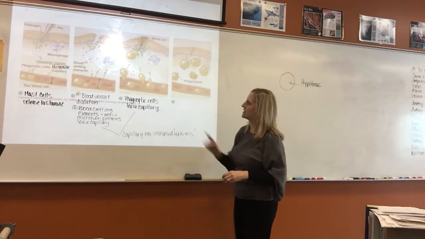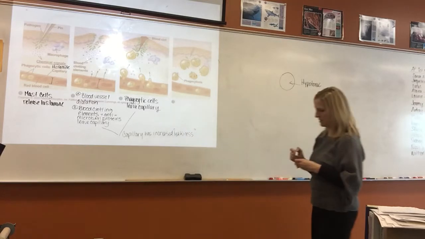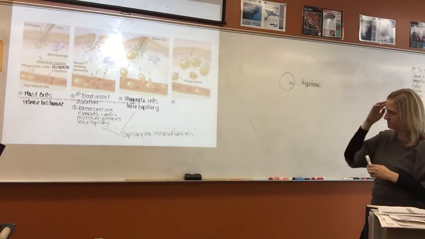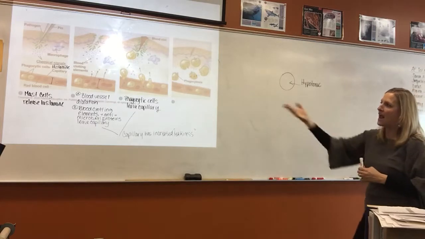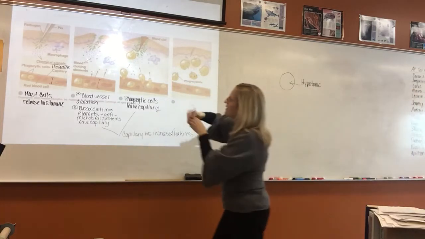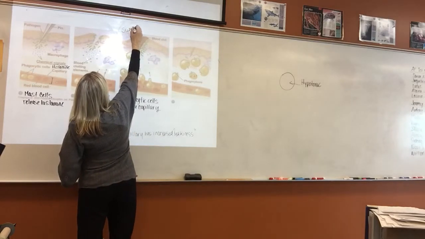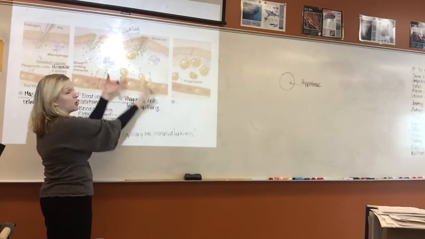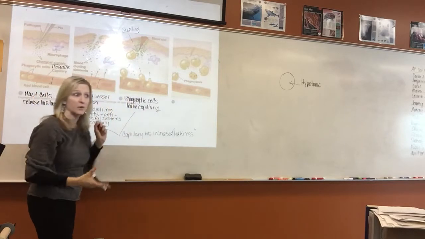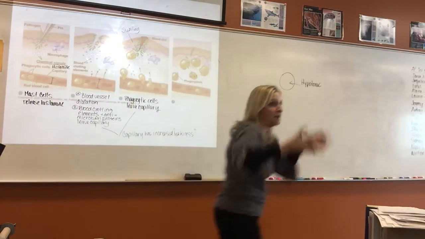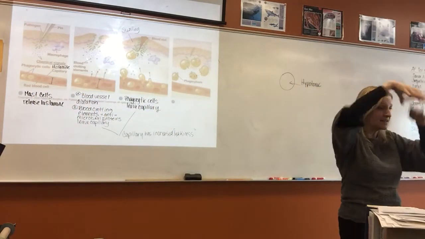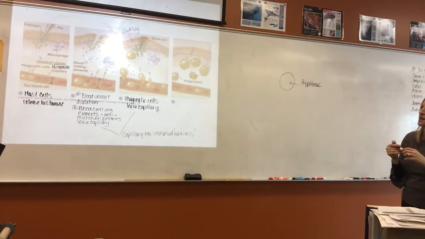Leakiness, all right, and then things can leave there. That's why we often get swelling at the site that this is happening, because you have a whole bunch of stuff coming out of what was normally in your capillaries, out of your capillaries into the site, and so it swells up as a result of it.